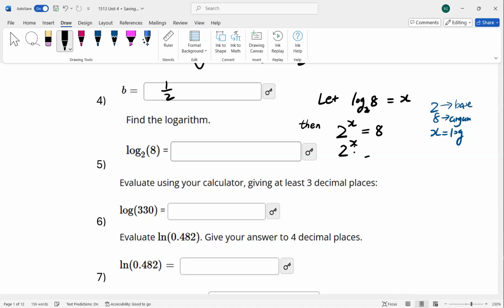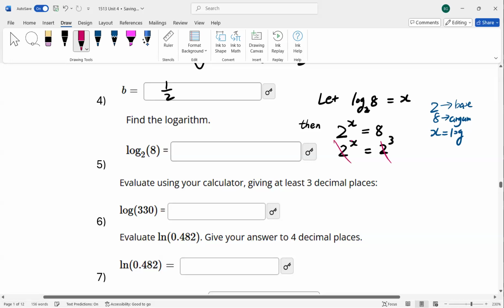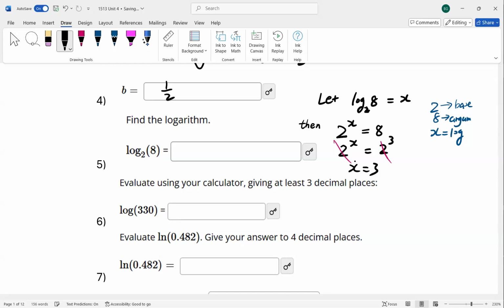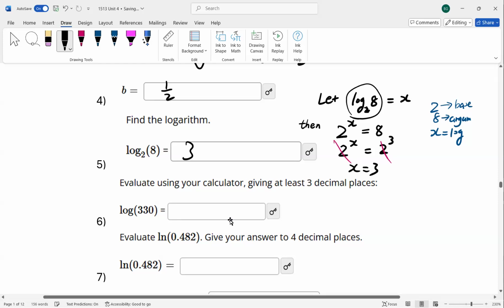2 to the power of x equals 8. 8 is 2 to the power of 3. So cancel the base 2, we have x equals 3. So x is 3, which means this log is 3. And that's how we find it out.